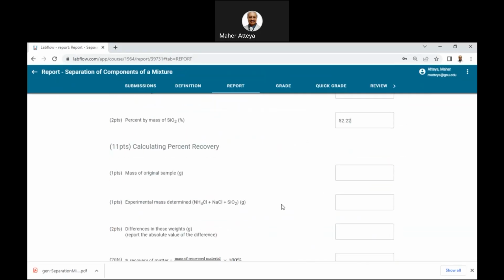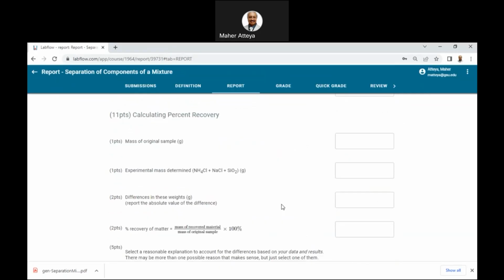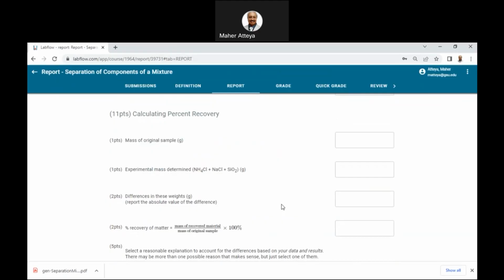Now, calculating percentage recovery of the original mass and experimental mass.